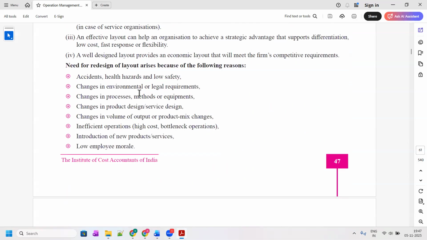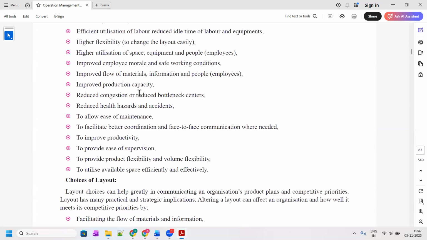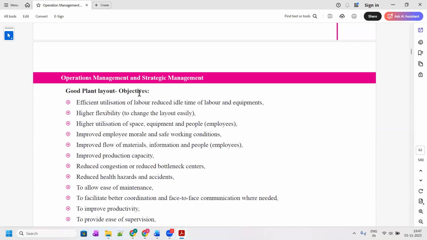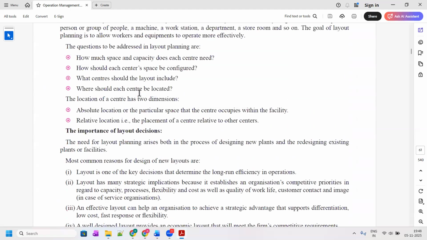Okay, so the questions we can ask in layout planning, basically the organization should ask these kinds of questions whenever they talk about layout planning. Those questions can be: how much space and capacity does each center need?